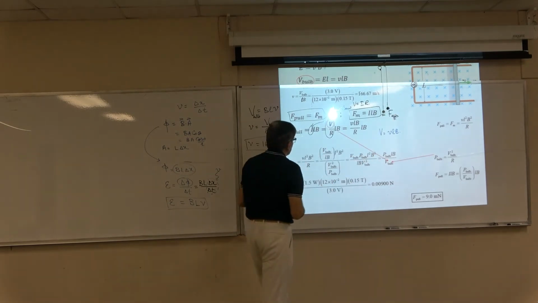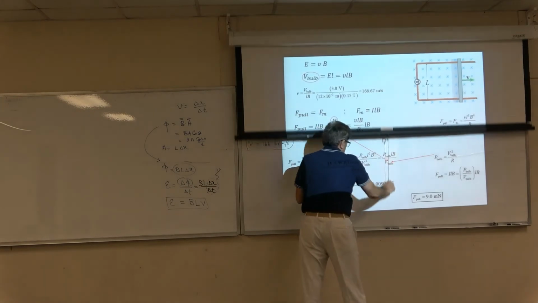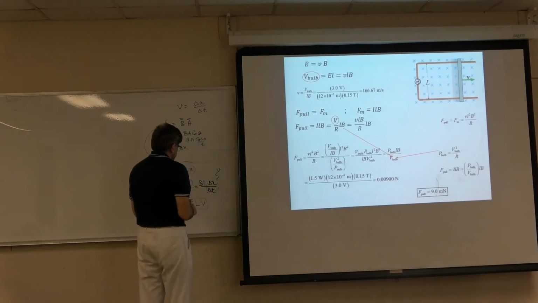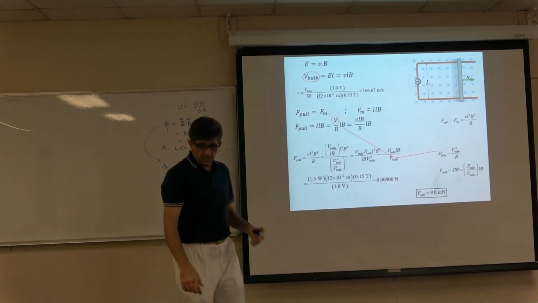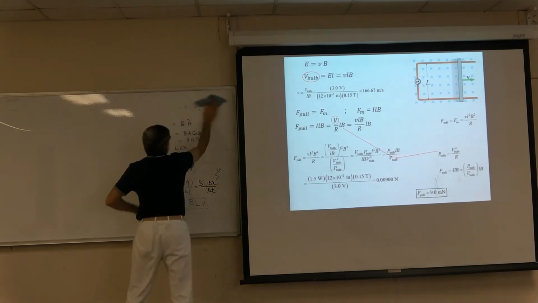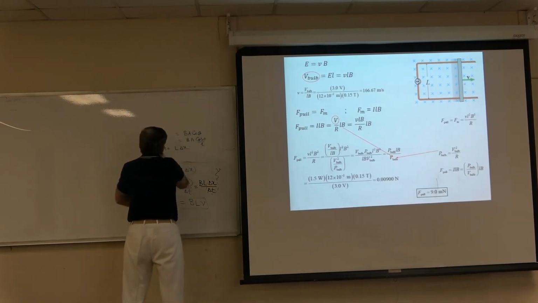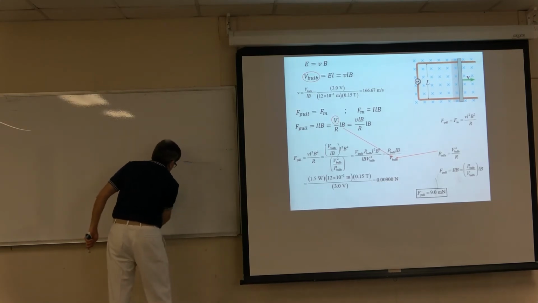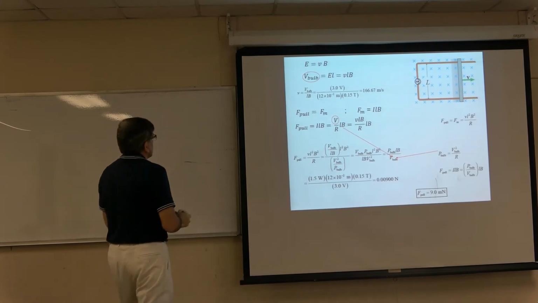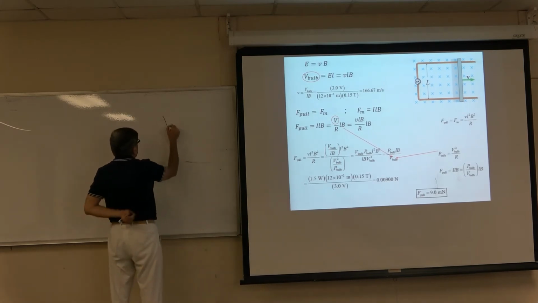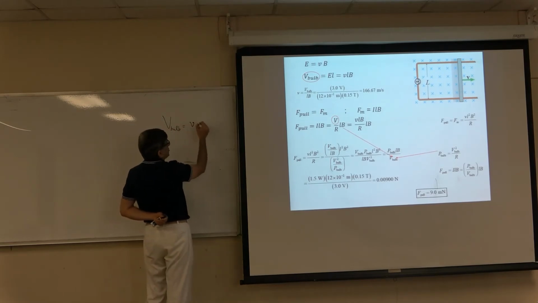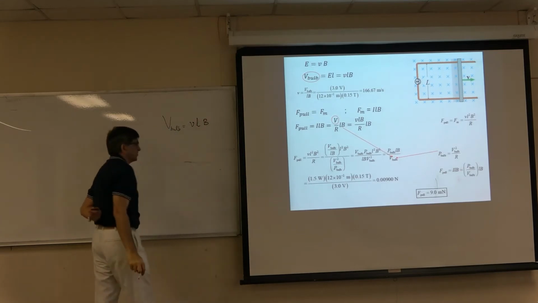So let's do the following. I have to do a little bit of writing here. The potential difference across the bulb is equal to the velocity of the bar times the length L of the bar times the external magnetic field.